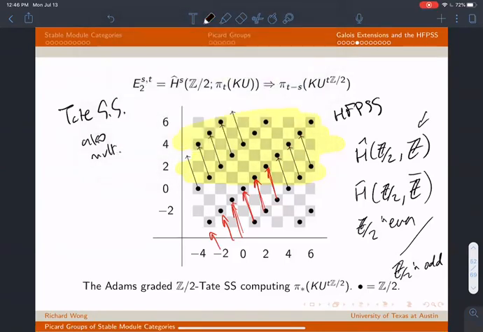And so these are all non-trivial, and everything is either hit or is hit by a d3. And so this tells us that the E infinity page is trivial. There's nothing left, which shows that the Tate fixed points is contractible.